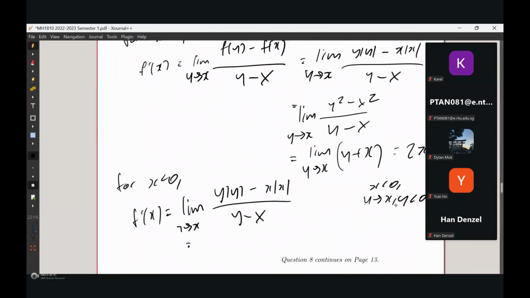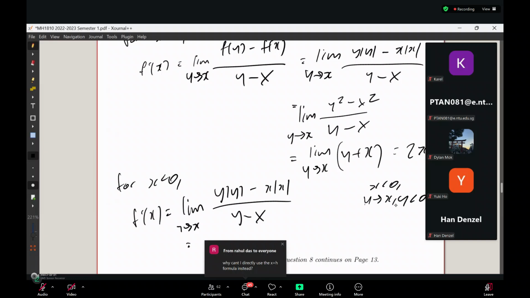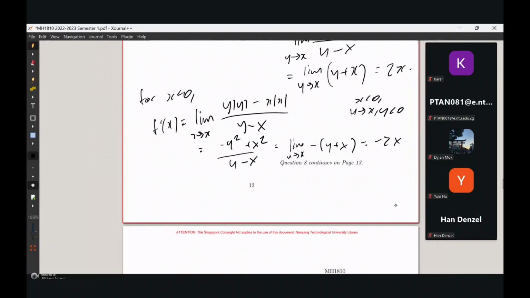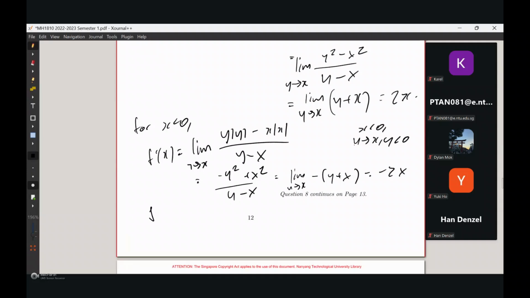So here you should get negative y squared plus x squared over y minus x. Same thing here, you can divide. You should get negative the limit of y approaching x of y plus x. Here you get negative 2x. Then finally, for x equals 0.